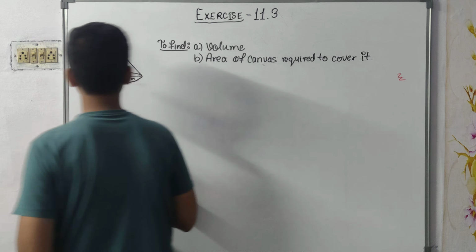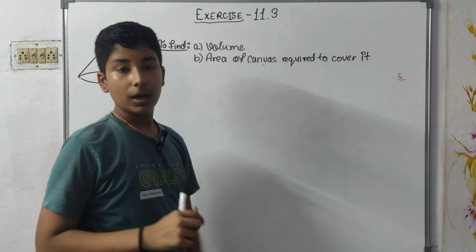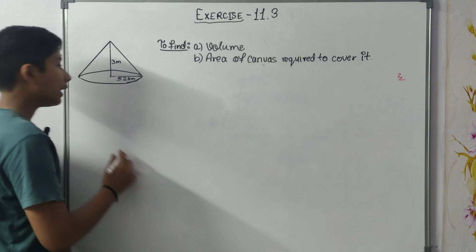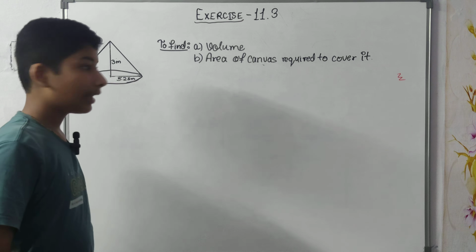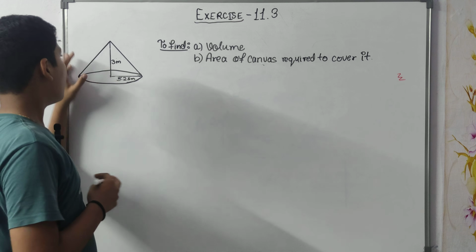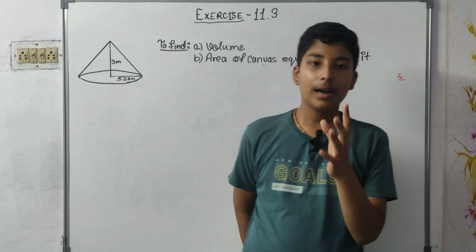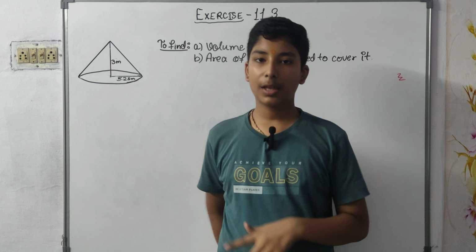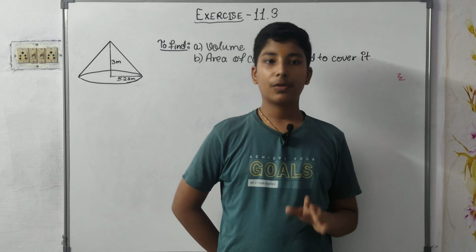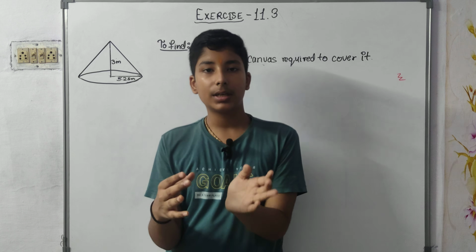Now what we have to do: firstly we have to find out the volume of this heap of wheat, and then we have to find out how much area of canvas we will require to cover it. Now what is canvas? In our language we usually say tirpal. It is used when you shift from one place to another.